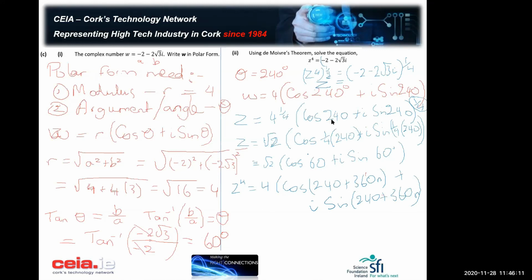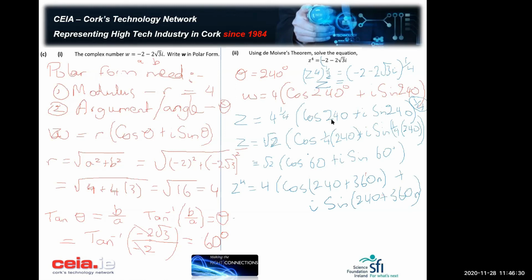And because the complex numbers would have been a number of times around the Argand diagram, we have to include 360 degrees by n to calculate for every time it's been around. Okay, so that's your general form that you have to use.